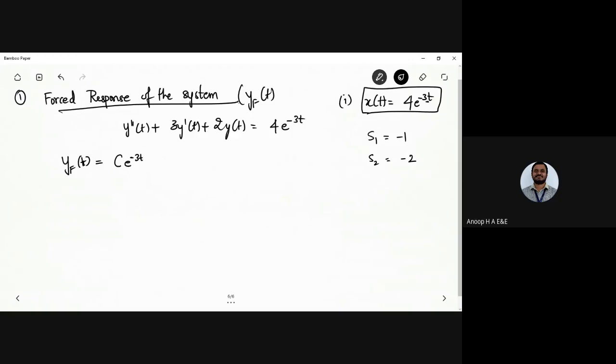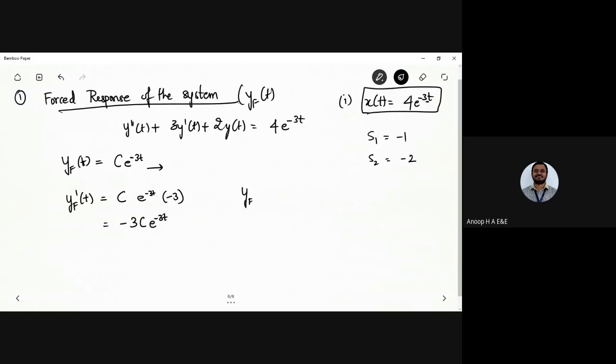So now I need to differentiate this equation twice. The first thing I do, I differentiate it once. C e power minus 3t, and minus 3 being multiplied, that is minus 3c e power minus 3t.